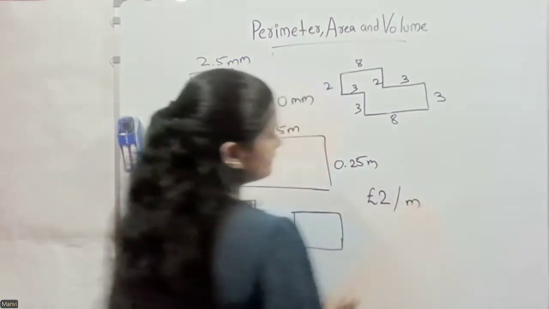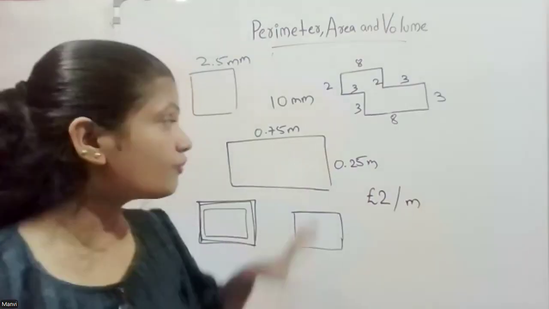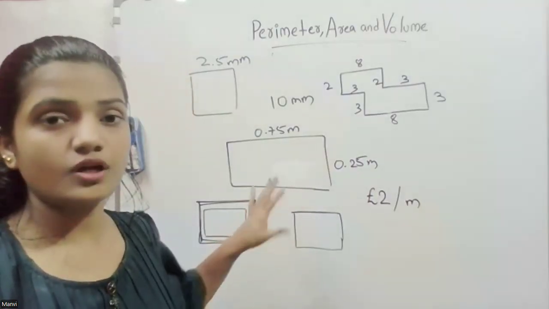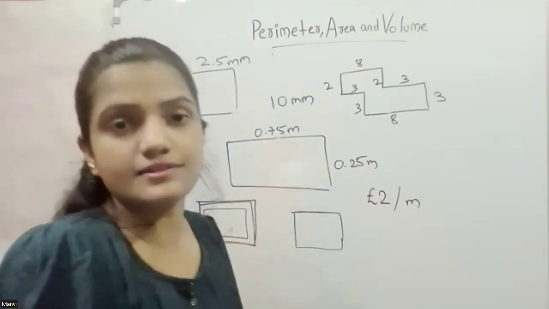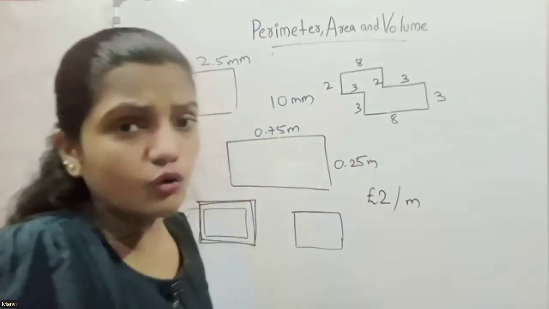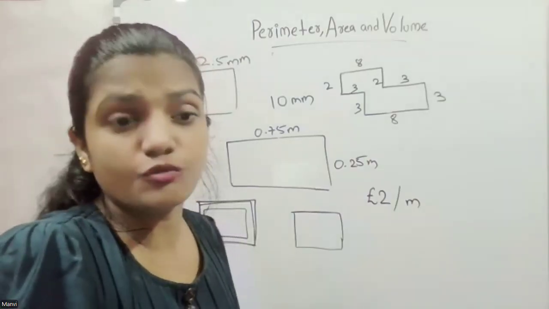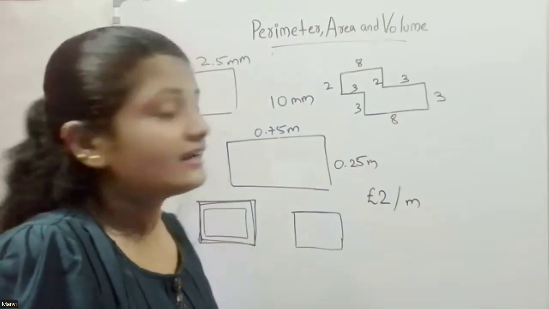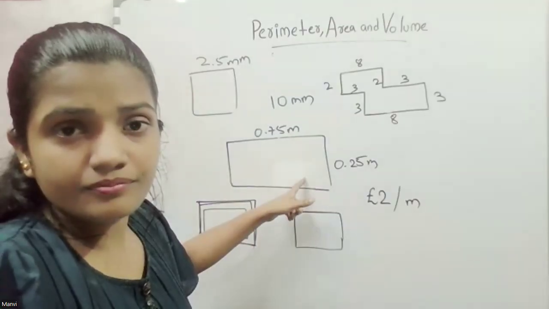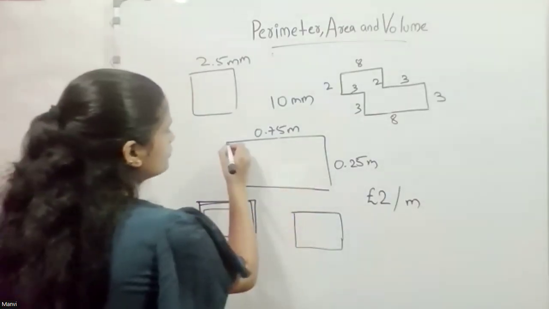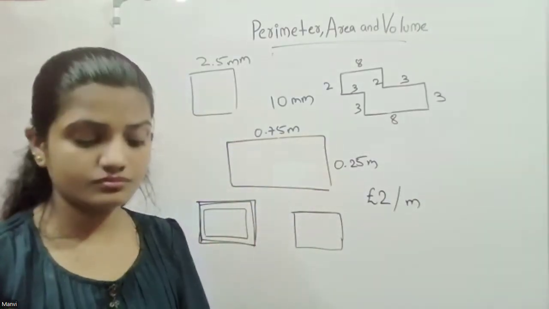So what will be the overall expense of fencing this garden? How do you calculate this? For fencing, I need to calculate the perimeter. Why perimeter? Because then only I understand how much total cost is needed, as fencing is done on the outside boundary.